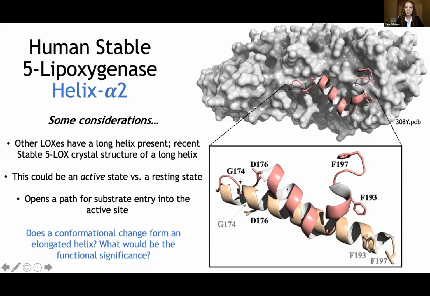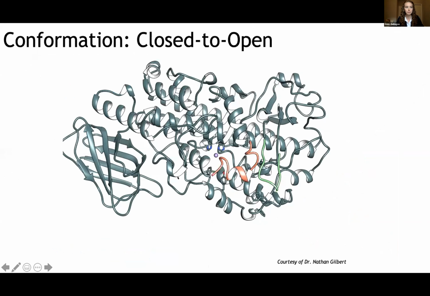And if it had access to the elongated helix when in an active state, this would open a path for the 20-carbon substrate arachidonic acid to enter the active site. So all of this together and more led us to think that a conformational change might form this alternate helix. So next I'll explain how this could be functionally significant.